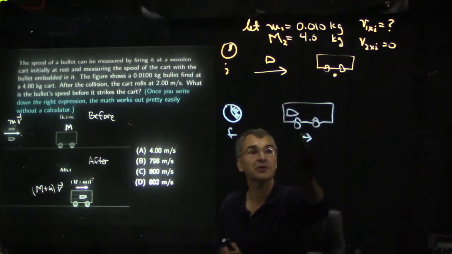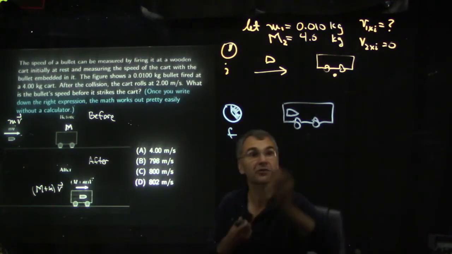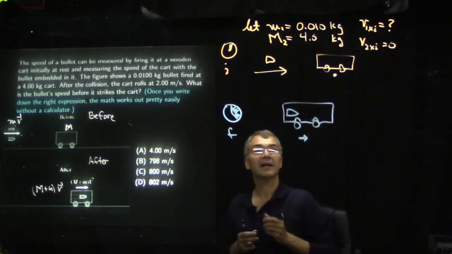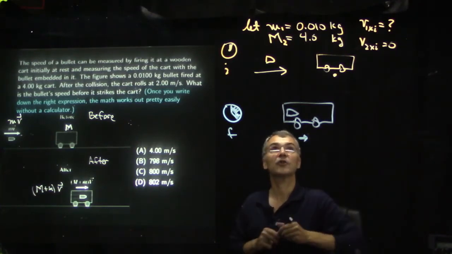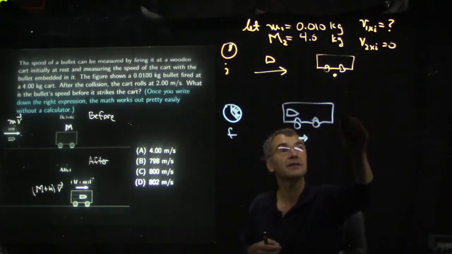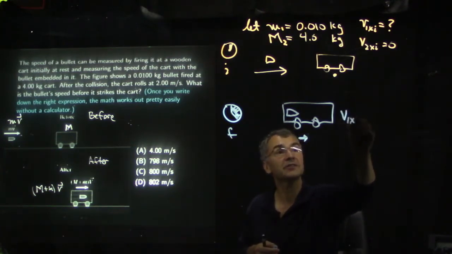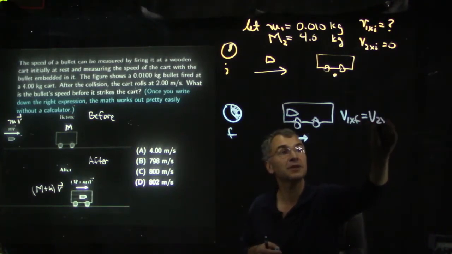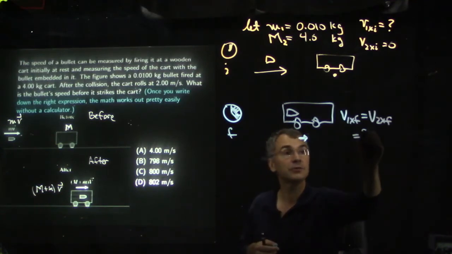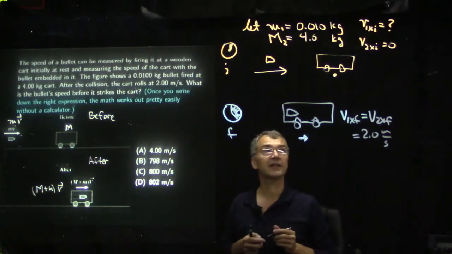This is going to be much, much slower. So actually, here, let's draw a teeny little arrow here. Yeah, so we have v1xf equals v2xf equals 2.0 meters per second.